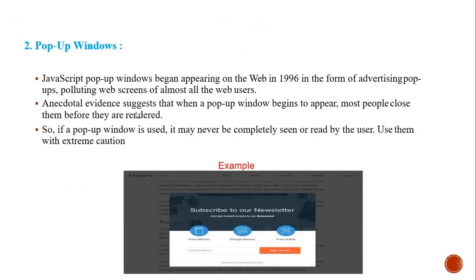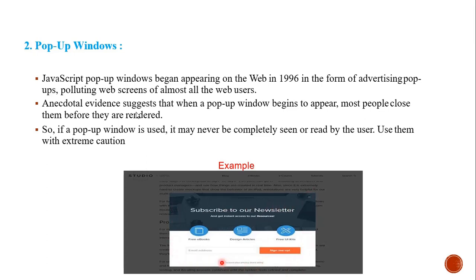Pop-up windows. So here there is an example for pop-up windows. See, there is a website that is being browsed by a particular user, and while browsing, immediately he gets one kind of window with the close button.